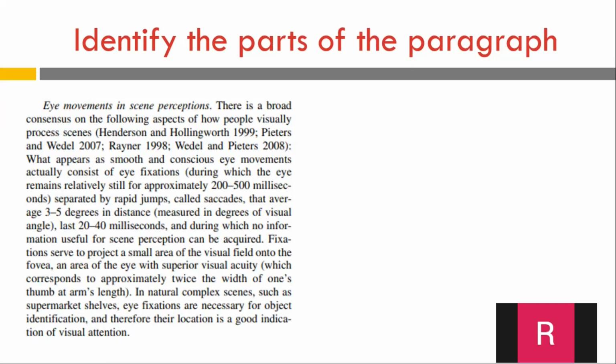Yes, like price scanners or product scanners, something in industrial engineering. But so they're talking about here the topic eye movements in scene perception. Yeah, how we process things. Okay, so this is the key issue.